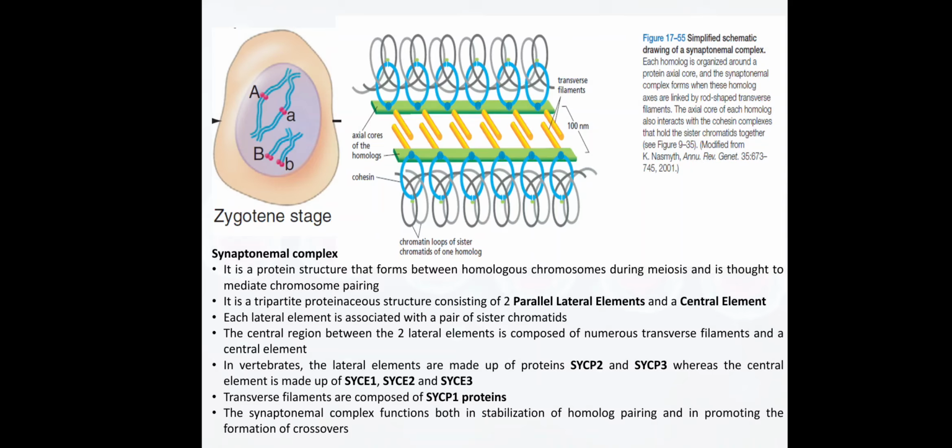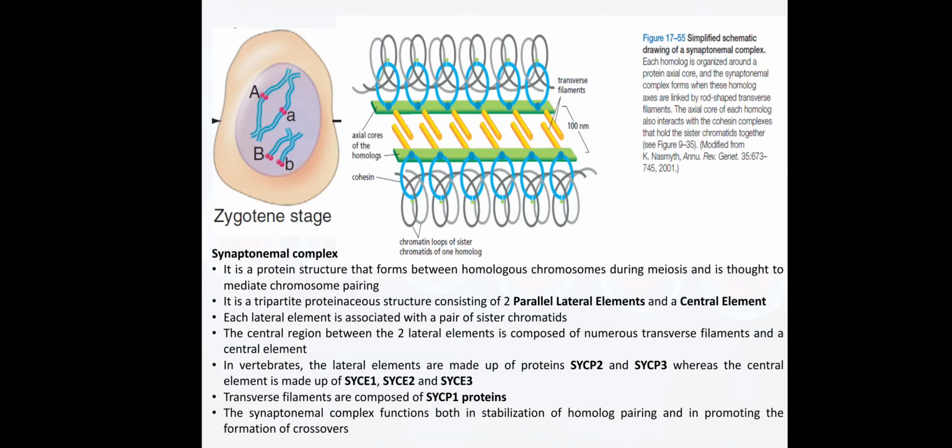So, the synaptonemal complex is a tripartite proteinaceous structure consisting of two parallel lateral elements and a central element. Each lateral element is associated with a pair of sister chromatids, and the central region present between the two lateral elements is composed of numerous transverse filaments.